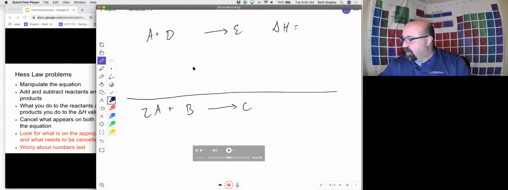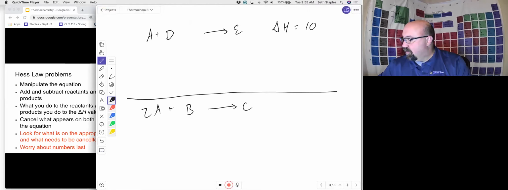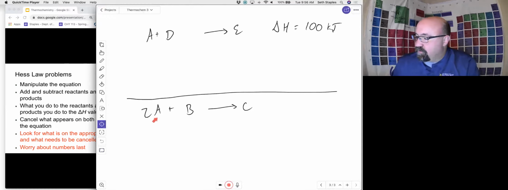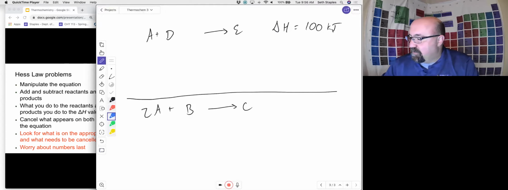Maybe that's got a delta H value of 100 kilojoules, just as an example. And so we can see that we actually need 2A, 2 moles of A in our target. We're only given 1 mole of A in our given equations. And so in that case, we're just going to double our equation here.